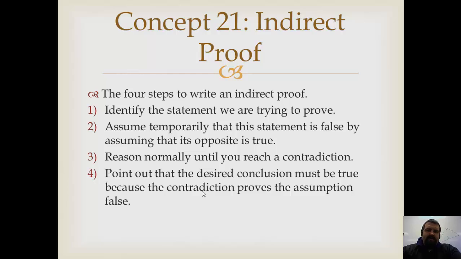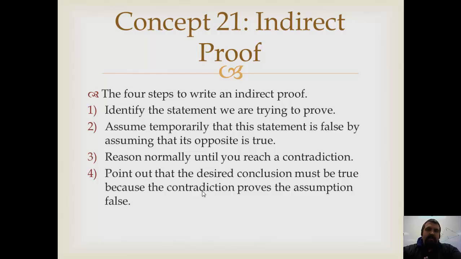Concept 21, an indirect proof. You first have to identify the statement we're trying to prove, if, then, or given and prove. And now you're going to take your then or your proof step, and you're going to assume temporarily that this statement is false by assuming that its opposite is true.